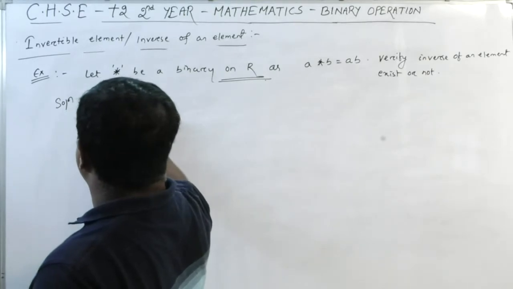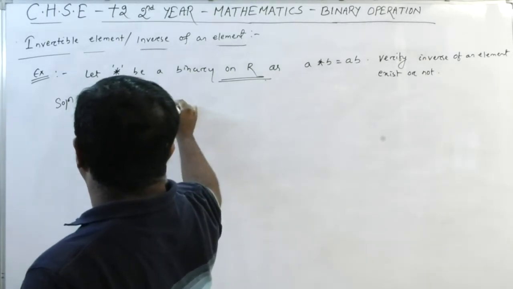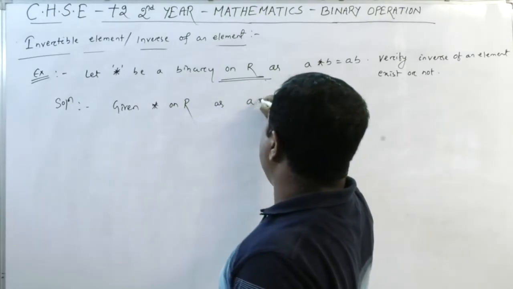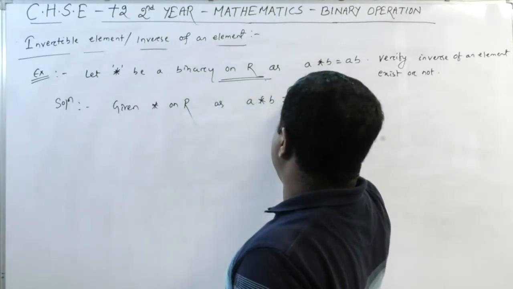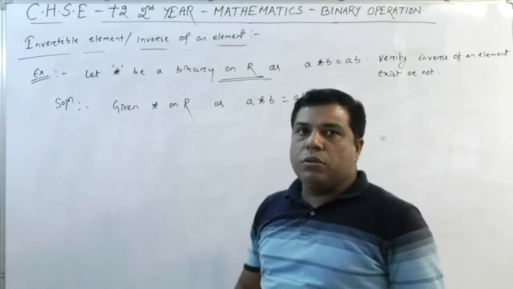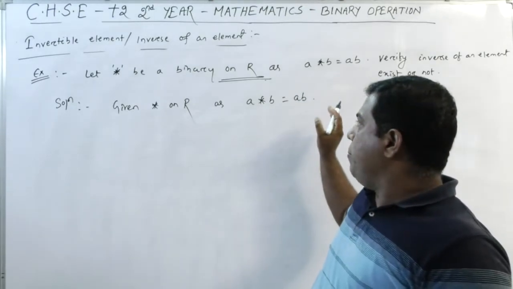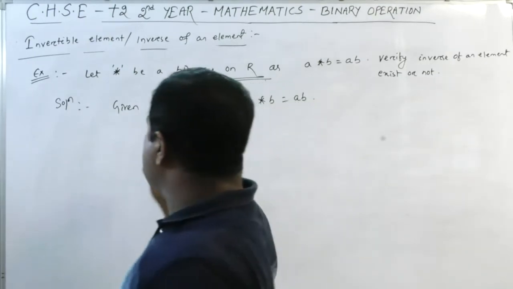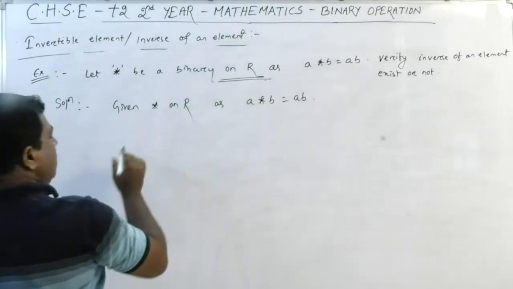Given star on R, the set of real numbers, as A star B equals AB.